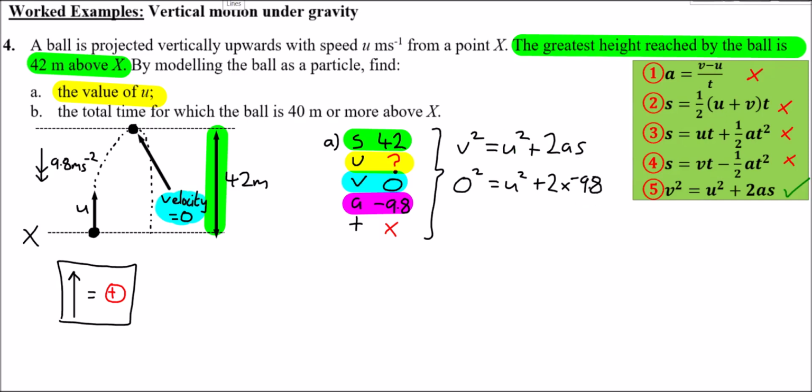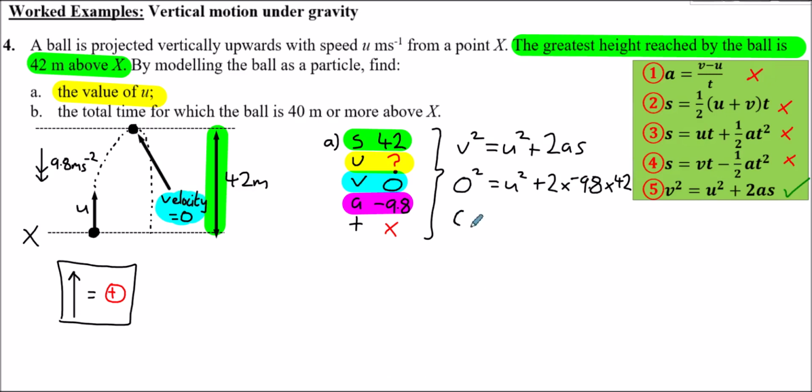And s is going to be 42. So as you can see, this here is going to be negative. So if we work this out, it's going to be something negative.